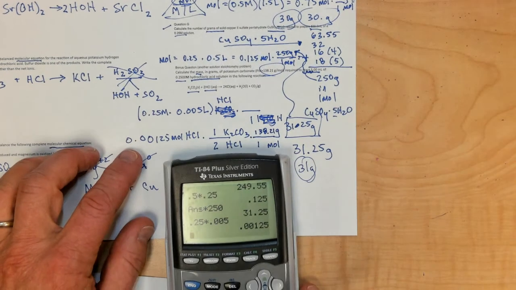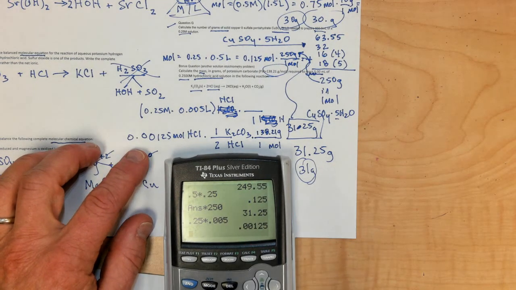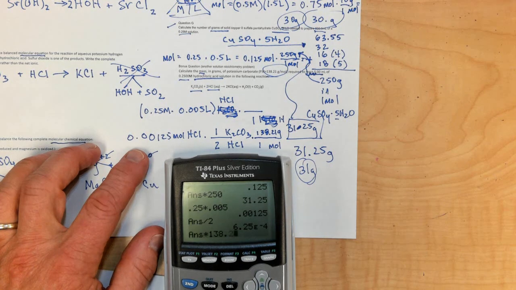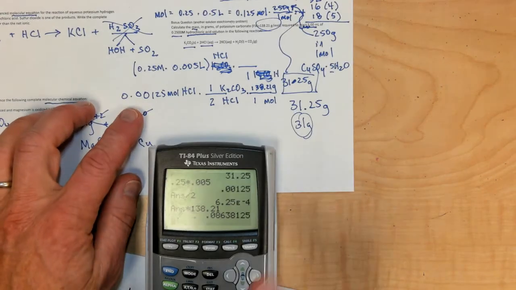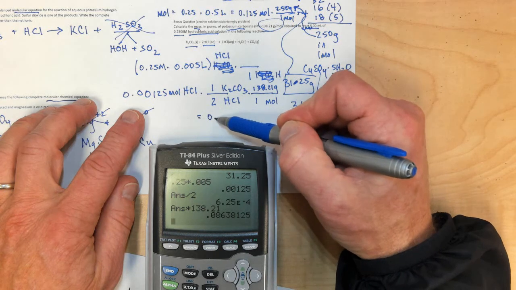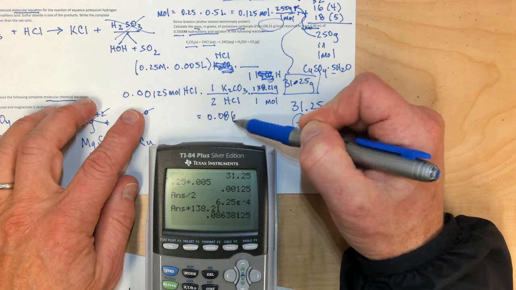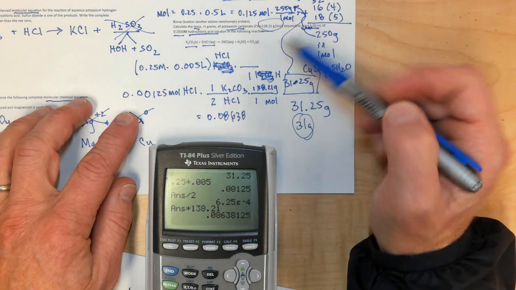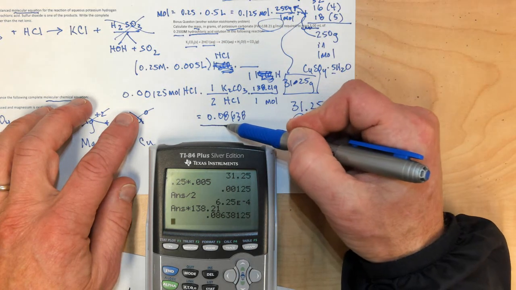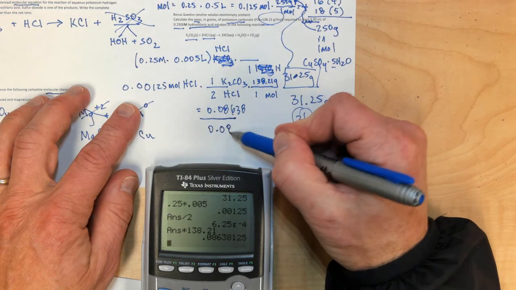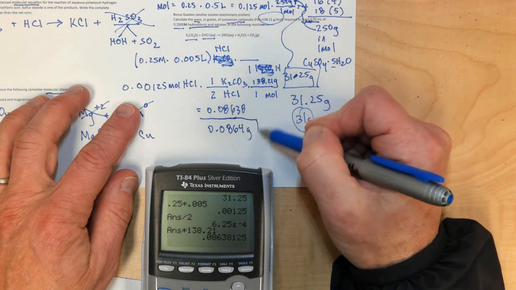So take this number, 0.00125, divide it by 2, and then multiply it by 138.21, enter, and so my mass in grams of potassium carbonate needed would be 0.08638. To 3 sig figs, it would be 0.086, well, 0.0864 grams, because I'd round up.